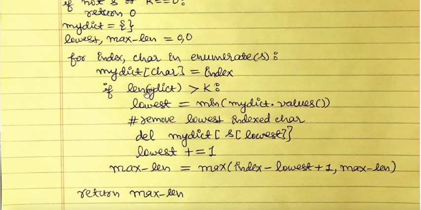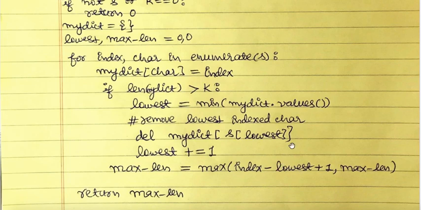Okay, whenever the dictionary length goes above k, it means we are overshooting the limit. We look into the minimum of my dict values. So lowest is the minimum of my dict values. my dict dot values gives all the values from my dictionary irrespective of characters, and the lowest value is chosen as lowest, and then we delete the corresponding character, that is, that index.